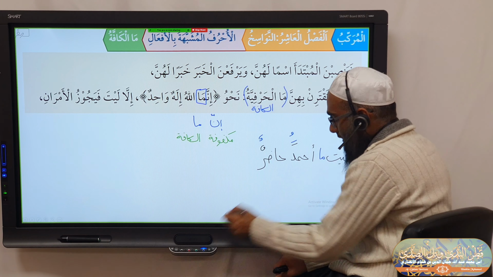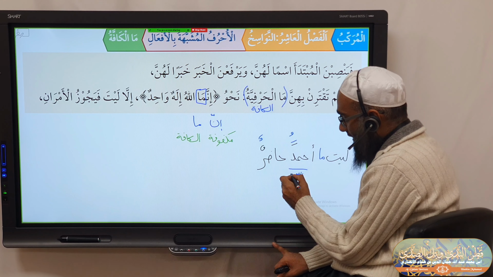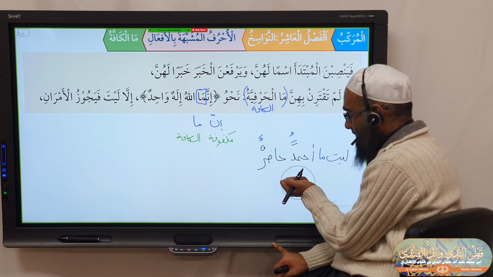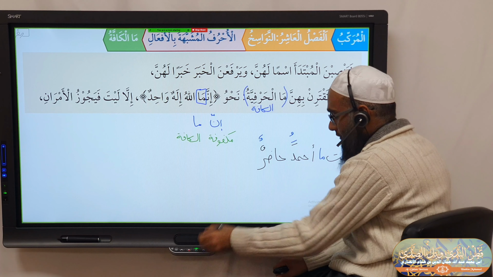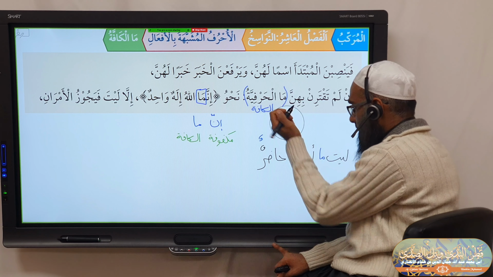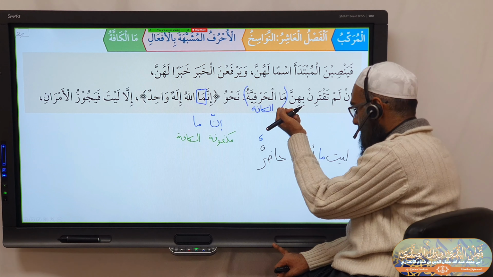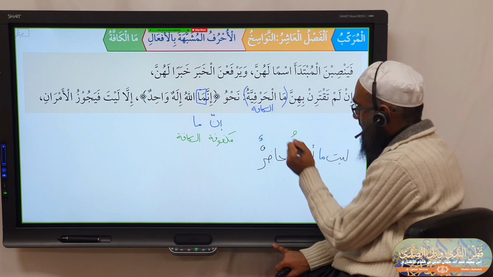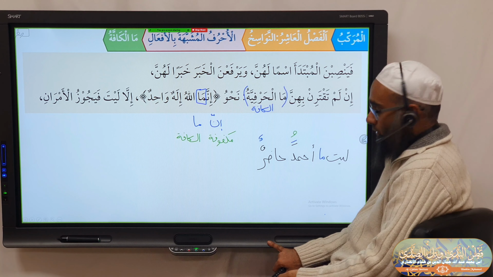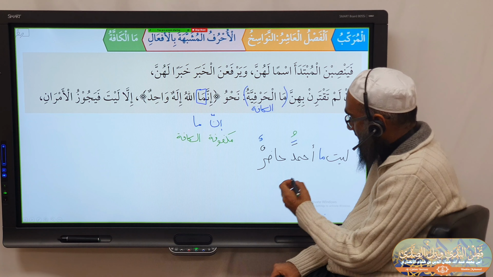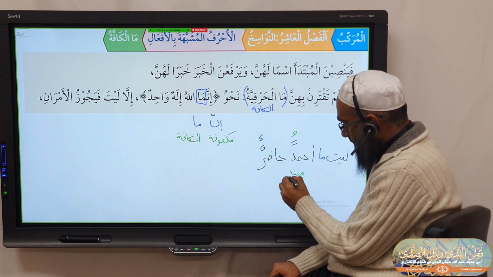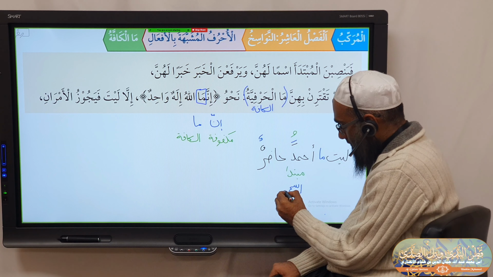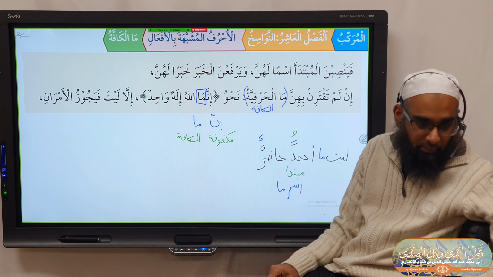When it's Ahmadu, it becomes the mubtada. And if you want to make it do amal, then it becomes the ism of layta. Do you understand? So you have two choices.